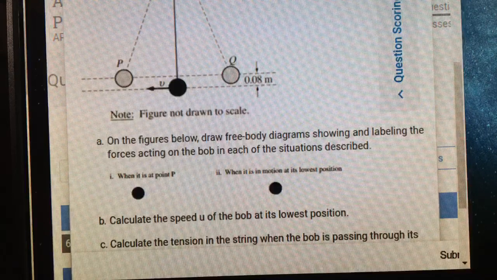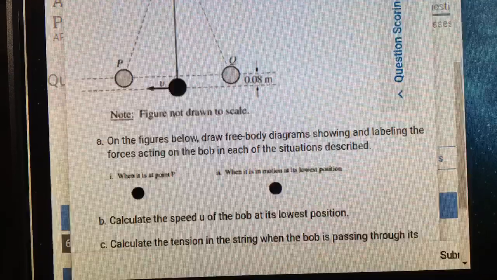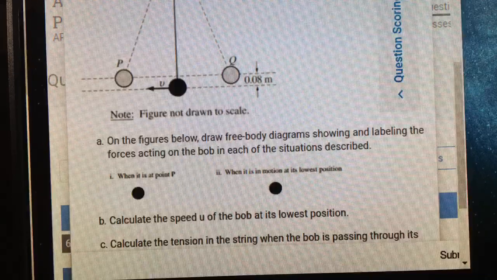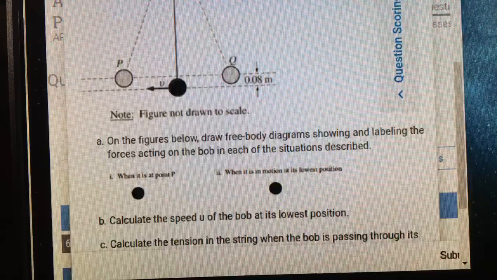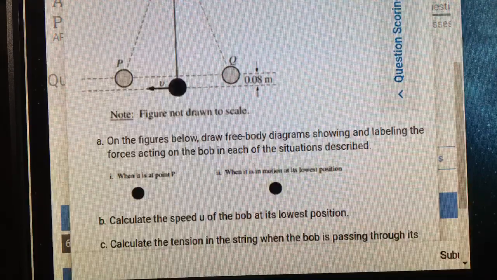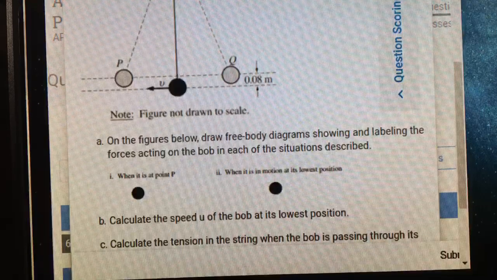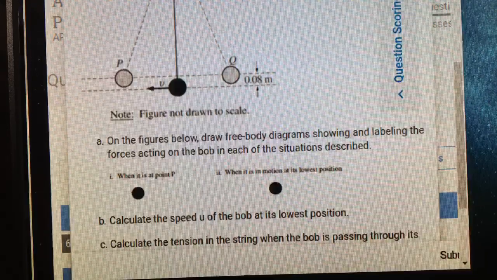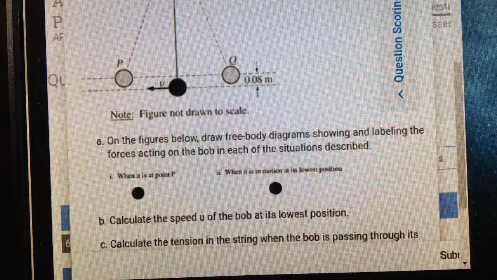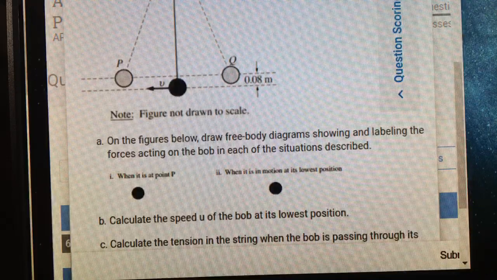Yeah, you could probably manage to do something like that. I don't know how you would get the vertical answer.